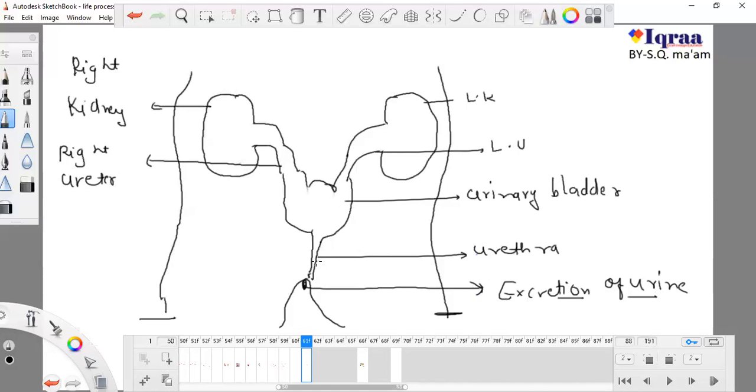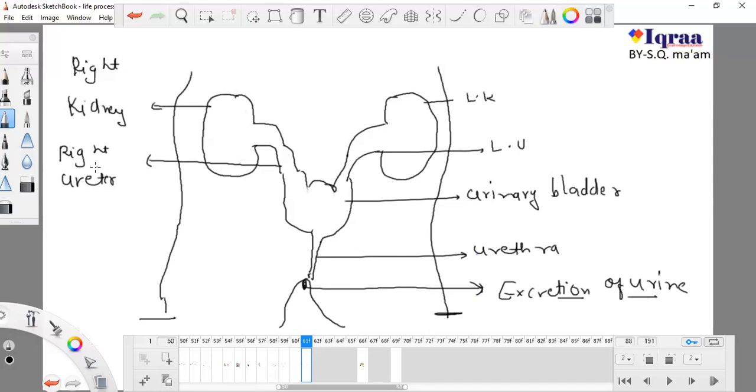Now I'm going to tell you how it works. I told you about all these structures. Now remember one thing: you will be asked to write about the functions and the structure.